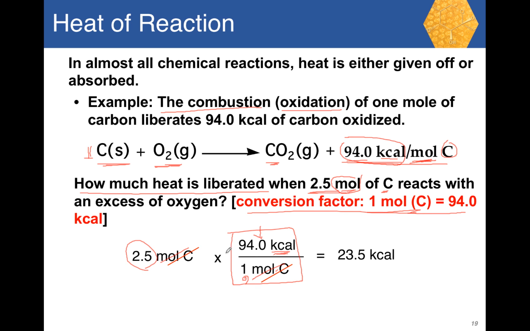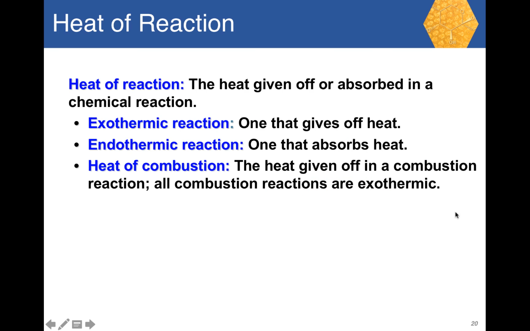So 2.5 times 94 gives 235 kilocalories. Conclusion: if you have 2.5 moles of carbon and you react it with an excess of oxygen, you will get 235 kilocalories of heat. So be ready to calculate the heat that's liberated given that conversion factor.